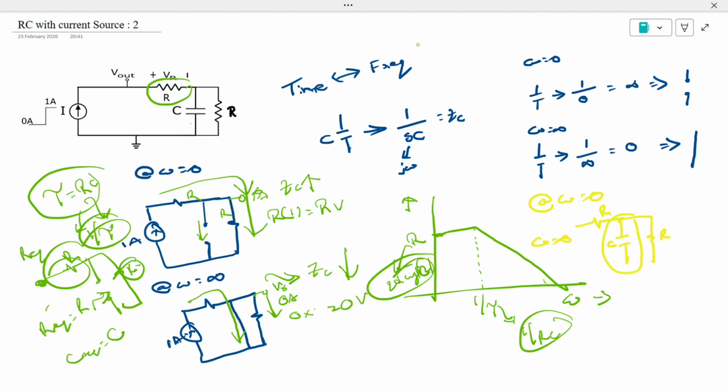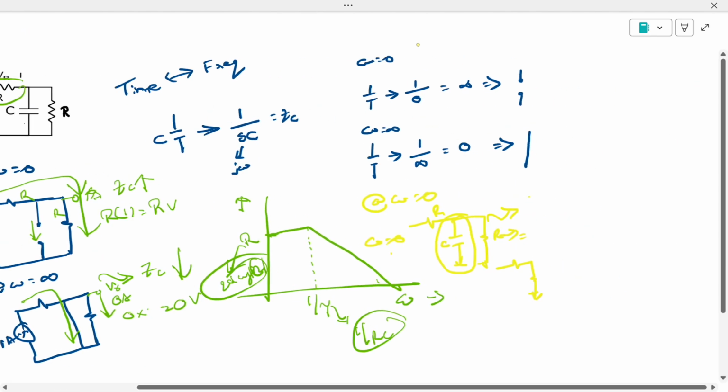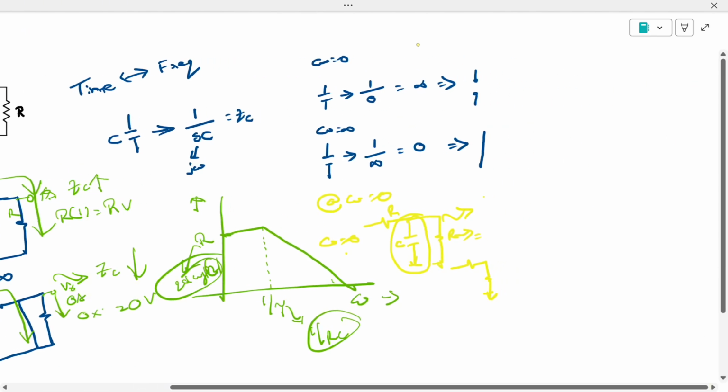The impedance of this capacitor is very much high and this resistor is low, since it is zero frequency. At low frequency, the capacitor impedance will be very high. If two impedances are in parallel, the lower impedance one will be dominating. So this equivalent can be written as resistor with resistor, two resistors.